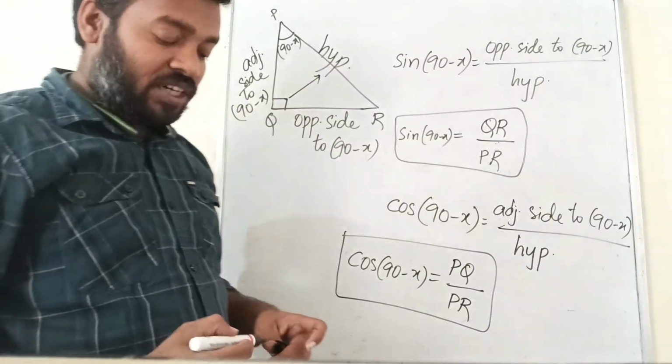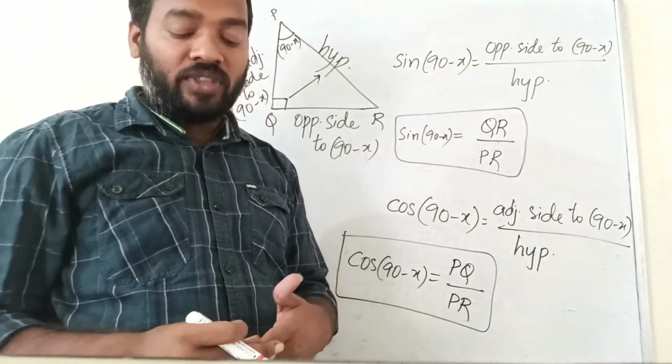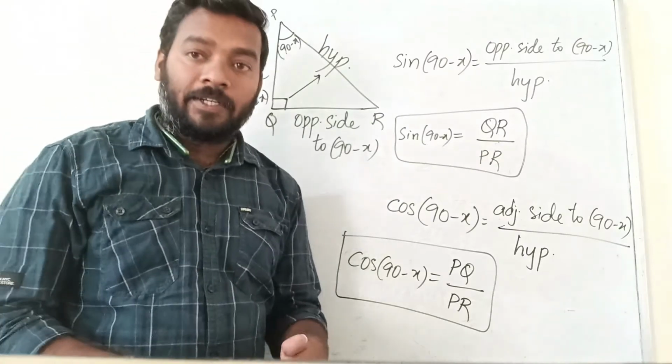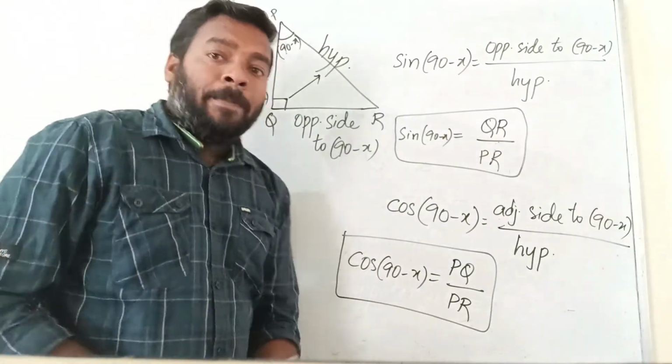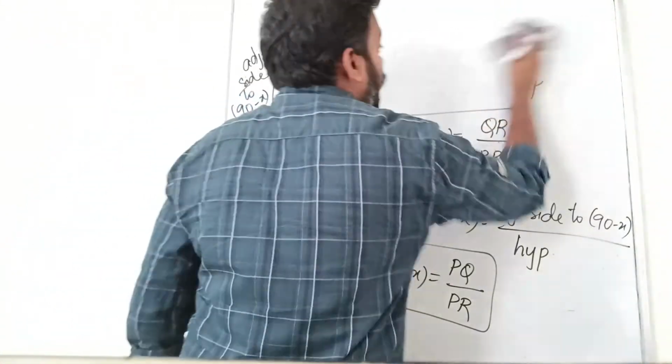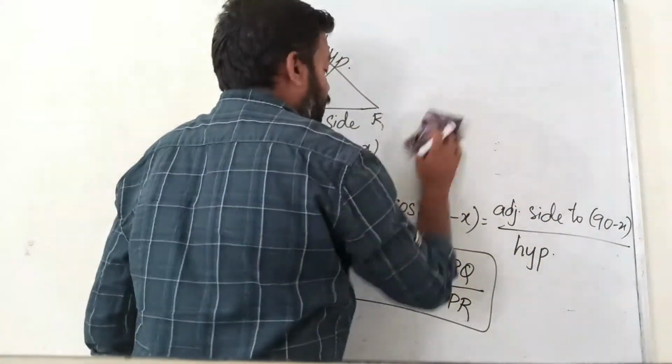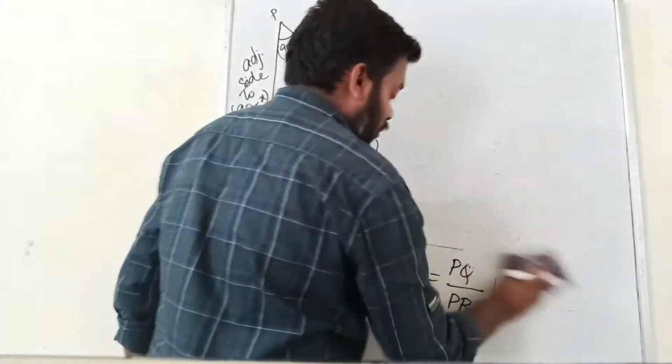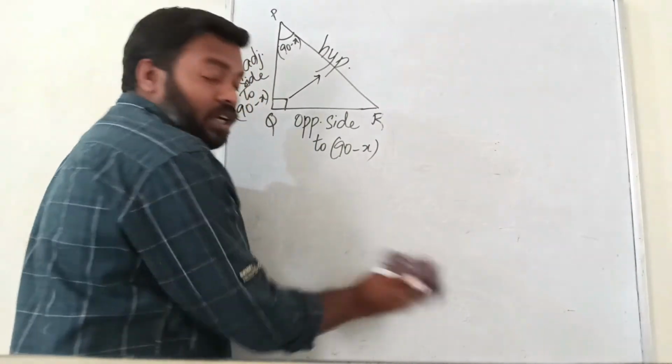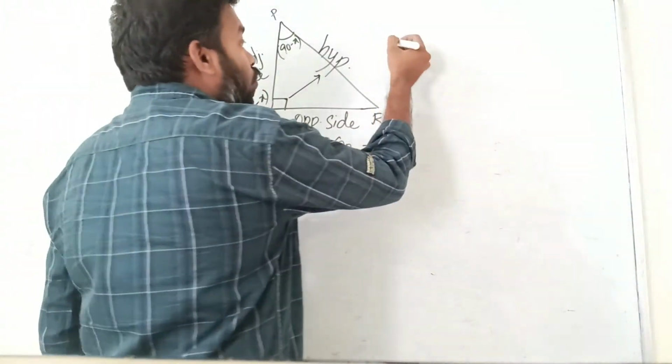Next we shall go for tan and cot, along with cosecant and secant. Tan 90 minus x. What is tan?